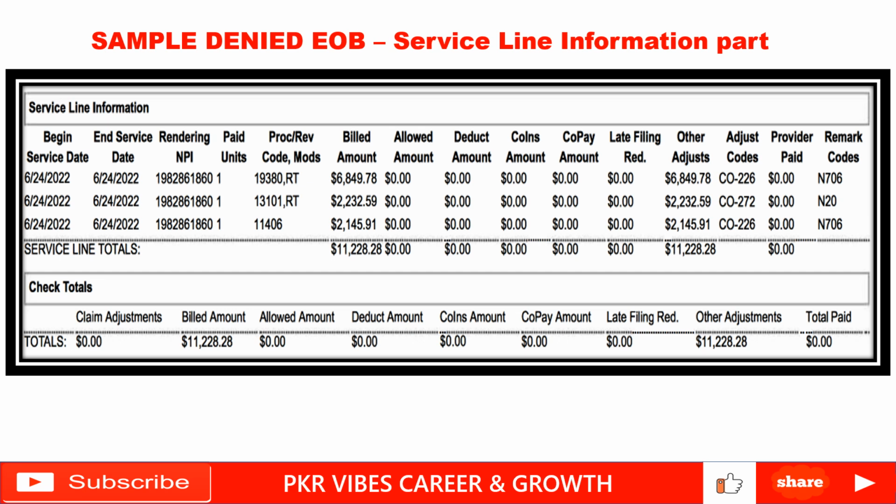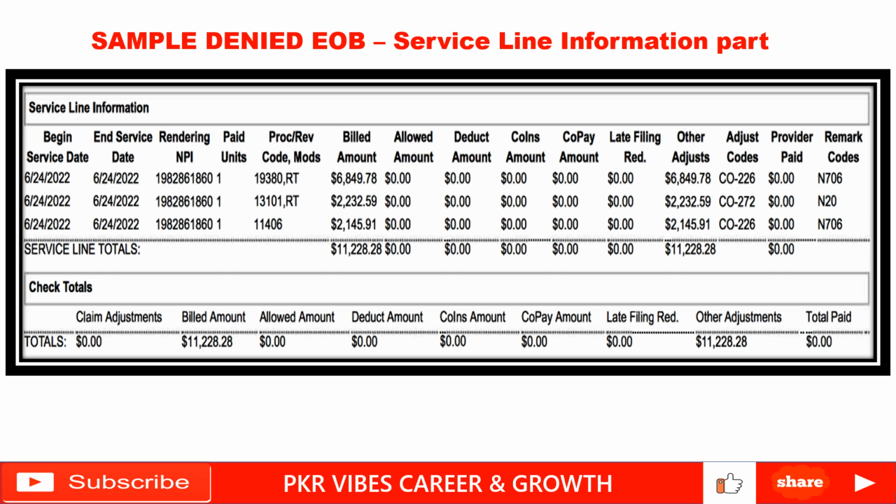You know in adjustment codes you will see CO272, it is denied with the reason CO272, and with remark code N20. And here the third CPT is 11406. Remember, a CPT code is always a 5-digit code.